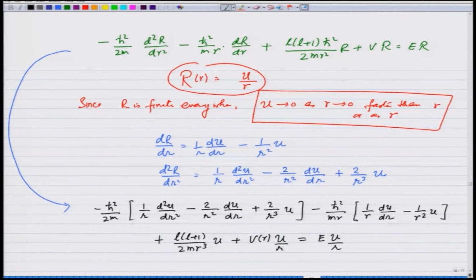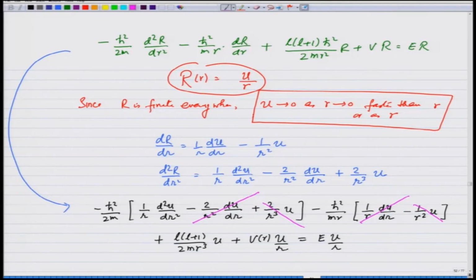Now, let us cancel certain terms. The term with du by dr cancels with du by dr here. The term with u over r³ cancels with this term here.